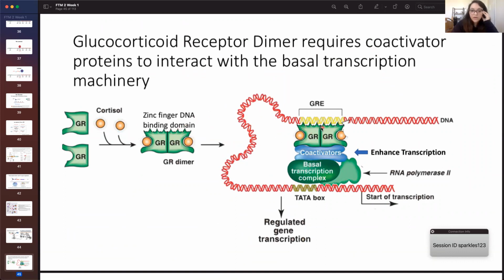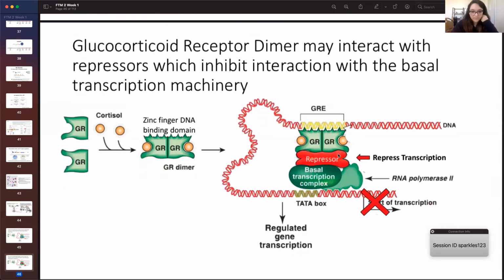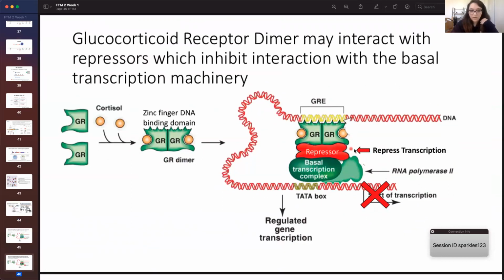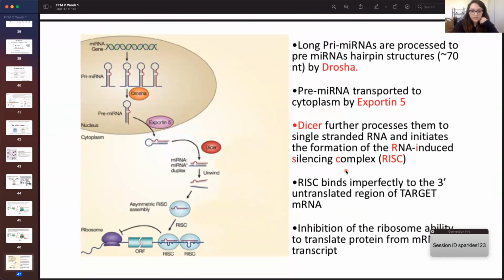Then that whole complex is going to interact with activators and enhance transcription, or it can also interact with repressors and downregulate transcription. On the next slide, you can see that. Again, it depends on what is in contact with that dimerized glucocorticoid receptor. Let's move to the next slide.